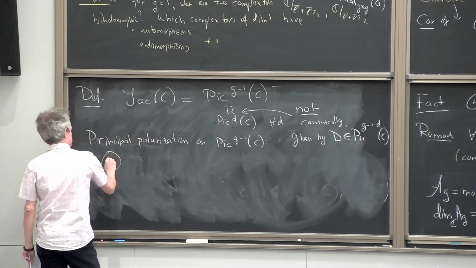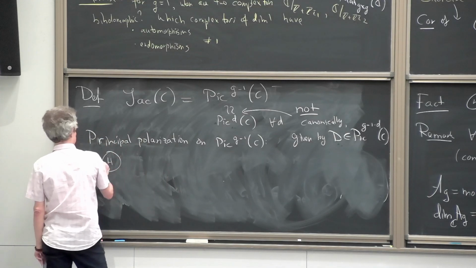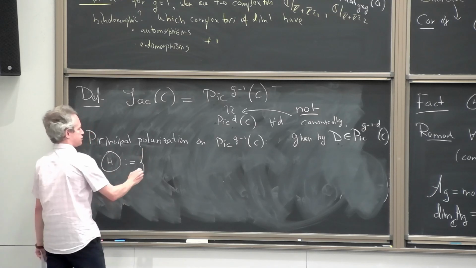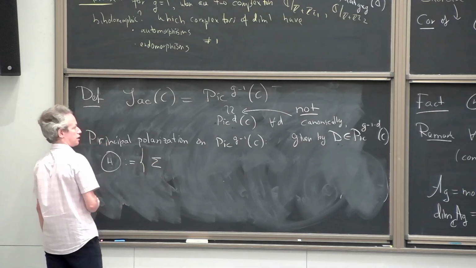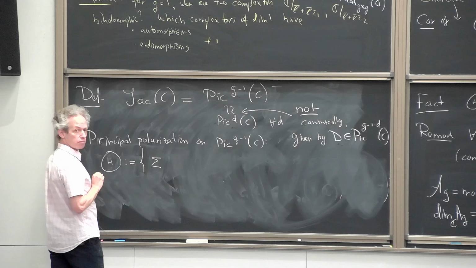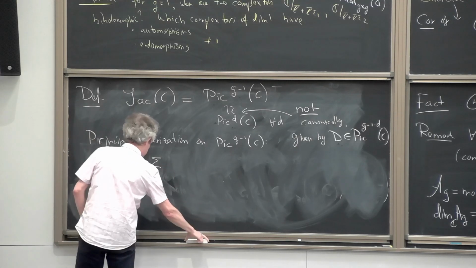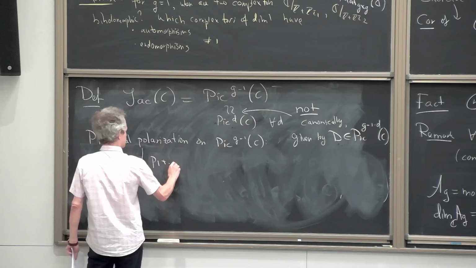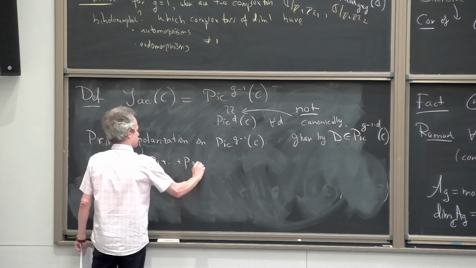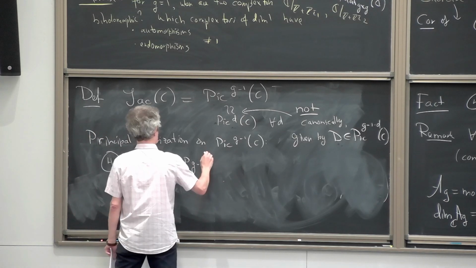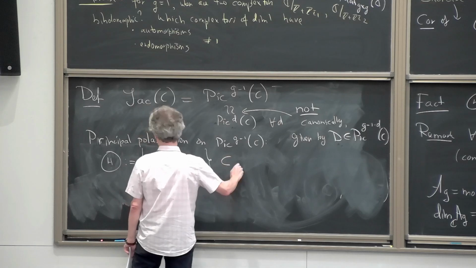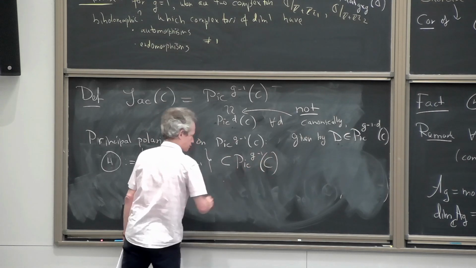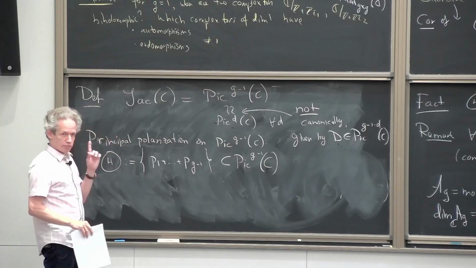So theta is defined to be the locus of effective divisors. Effective means linear combinations with only positive coefficients. So I'll write this as P1 plus dot dot dot plus P(g-1) inside Pic^(g-1) of C. So let me try to explain something.